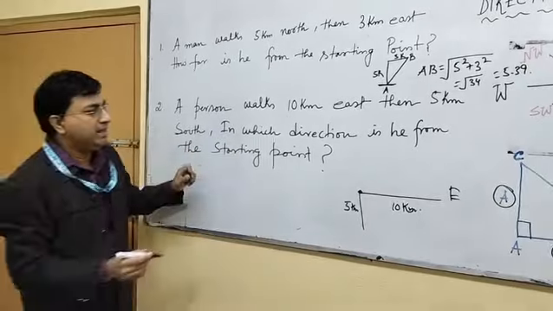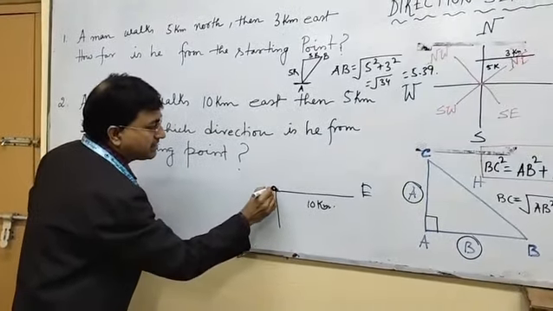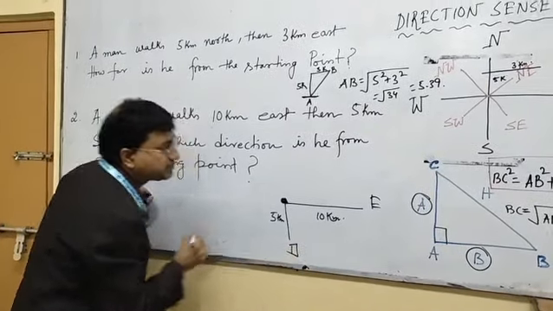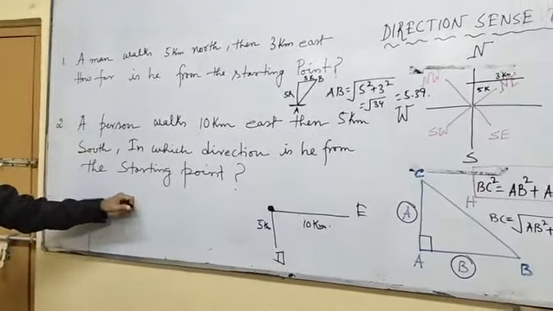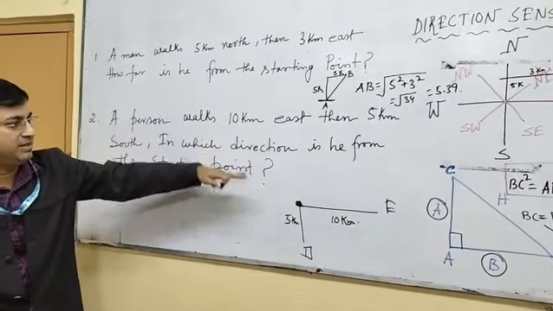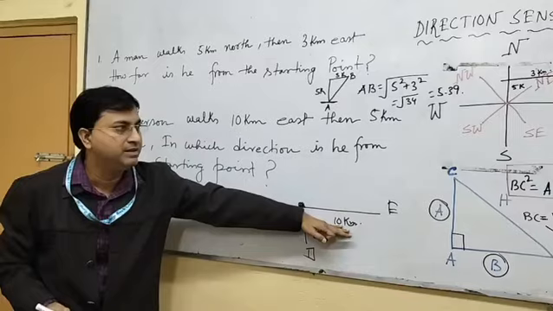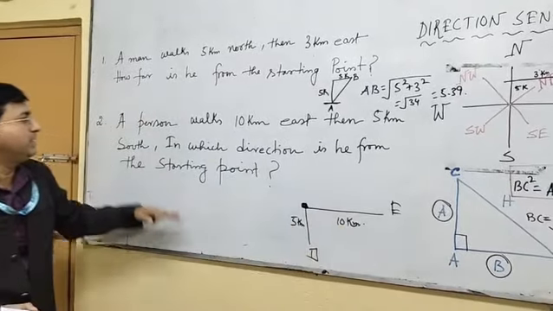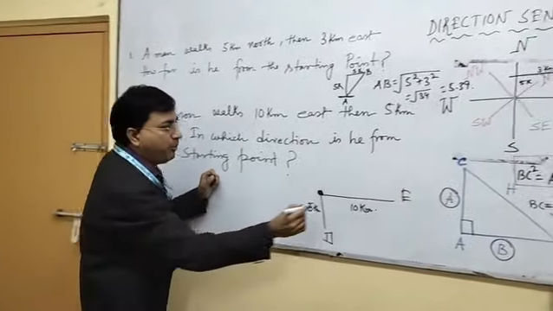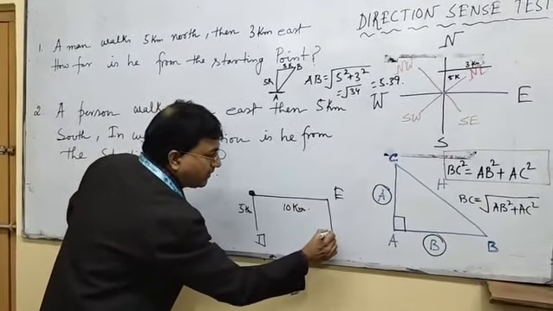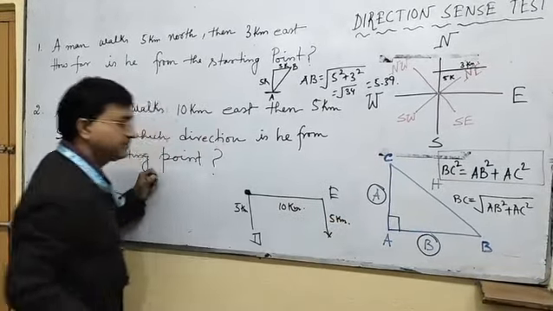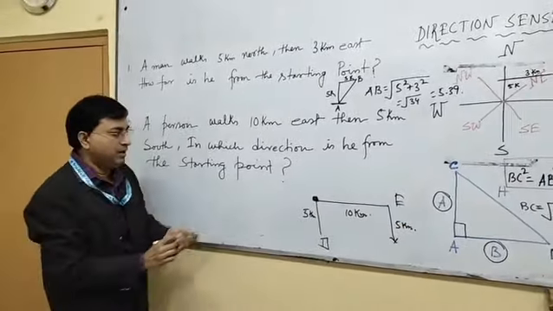In which direction is he from the starting point? So if you see, this is the starting point. Now the man is standing here, right? At first, the person walks 10 km east. So east is the 10 km. Then after 10 km, what did he do? 5 km south. So from that point, he moves 5 km. Okay, understood?